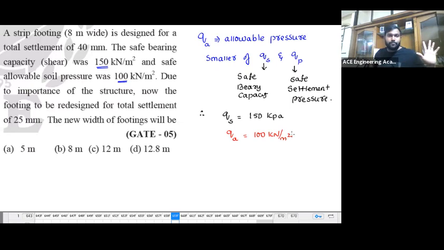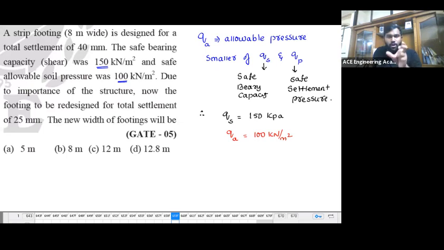Then can you please tell me whether this QA is QS or QP? Come on, tell me. Whatever the gross pressure that the soil can take without any excessive settlement is nothing but QP. Generally, QNA, net allowable, is nothing but net safe and net safe settlement pressure. Now I am saying allowable, which means gross.